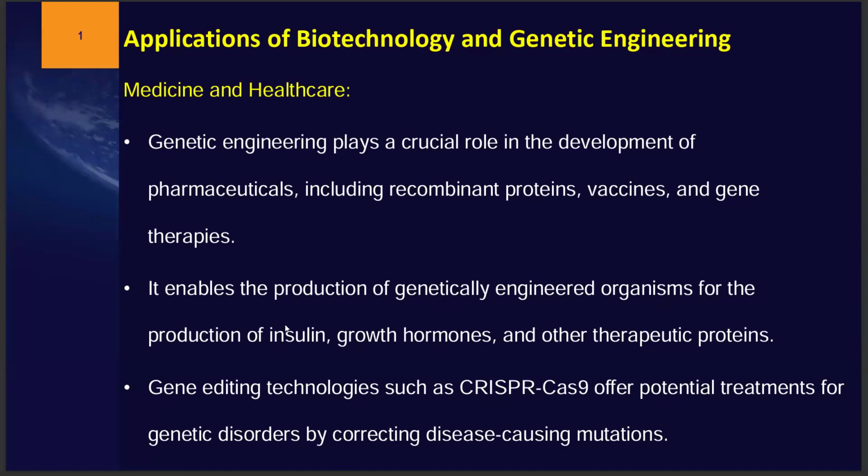It involves applications of biological systems, organisms, or processes to develop products or technology that benefits society. Some of these technologies involve molecular biology, genetics, biochemistry, and genetic engineering, and we're going to look at the applications of biotechnology and genetic engineering. Let's start with the field of medicine.